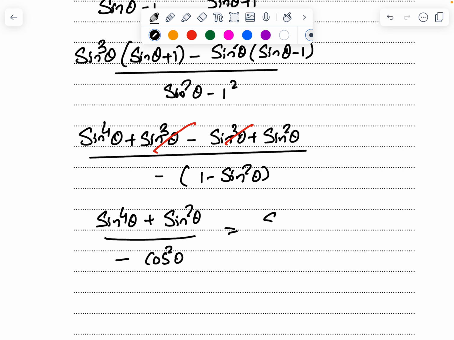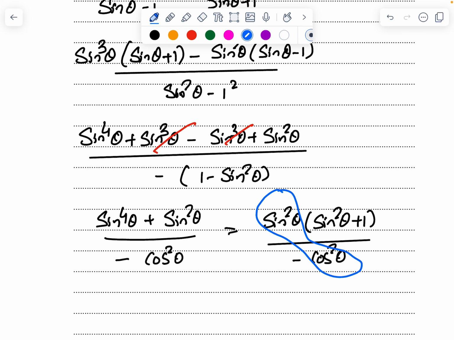Now I take sin²θ common, so it will be sin²θ(1 + sin²θ) by −cos²θ. Sin²θ by cos²θ is tan²θ. So −tan²θ times (1 + sin²θ).